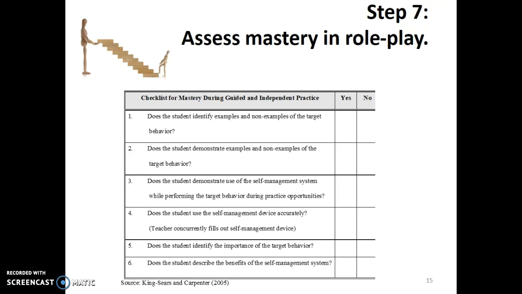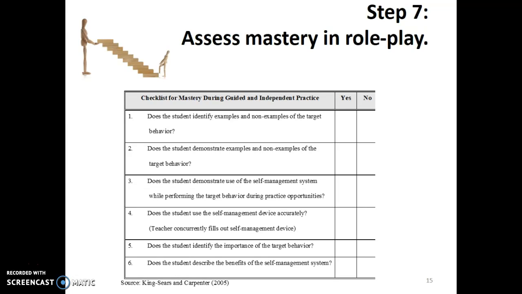So you'll be asking the student to identify examples and non-examples, demonstrate examples and non-examples, demonstrate using the system while performing the target behavior during practice, and noting, does the teacher use the self-management device accurately? Does the student identify the importance and benefits of the target behavior and the self-management system?